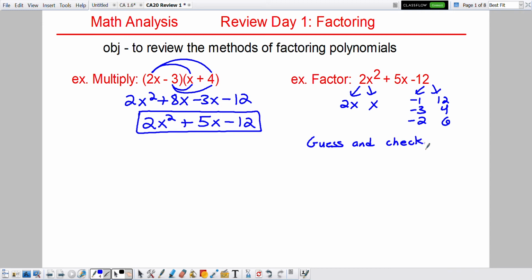I know that I'm going to get a parenthesis and another parenthesis, and it has to start with 2x and x, because there's no other way I can multiply two things and get 2x squared. What I don't know is which of the pairs on the right side it could be.